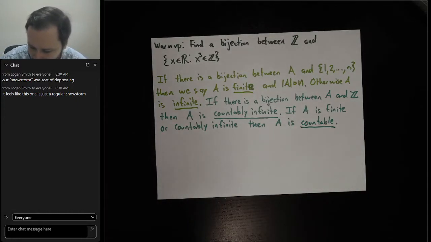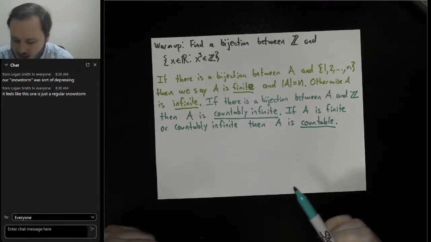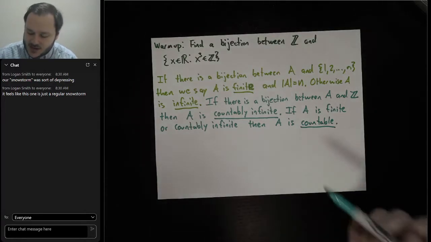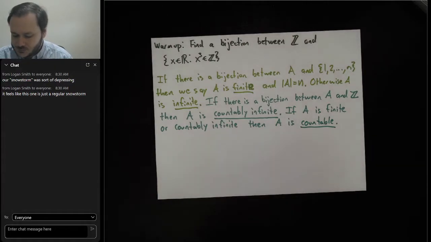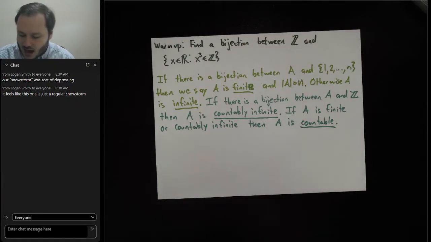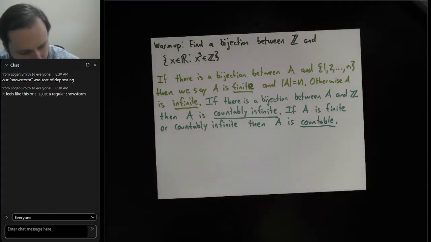So now for every set, we can ask multiple questions. Is it finite or infinite? And then if it's infinite, is it countably infinite or a bigger infinite? If it's either finite or countably infinite, then we say it's countable. So here's some examples.